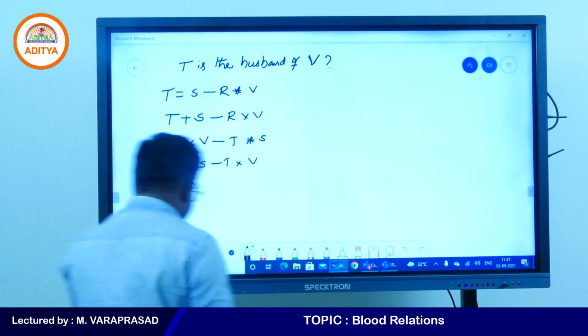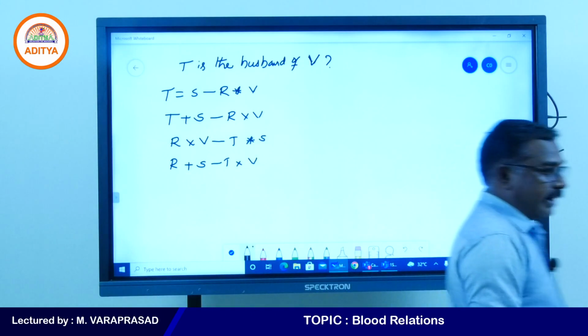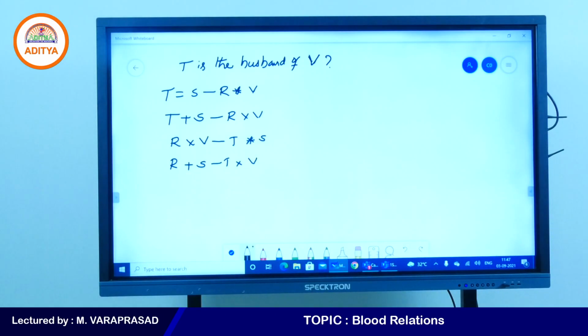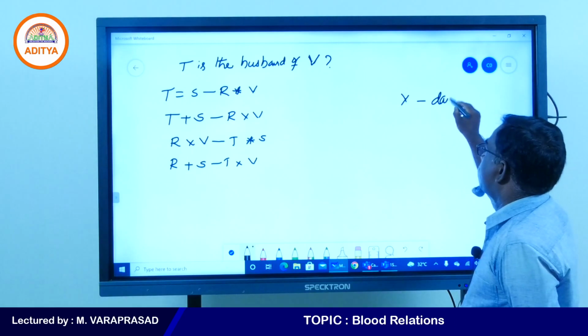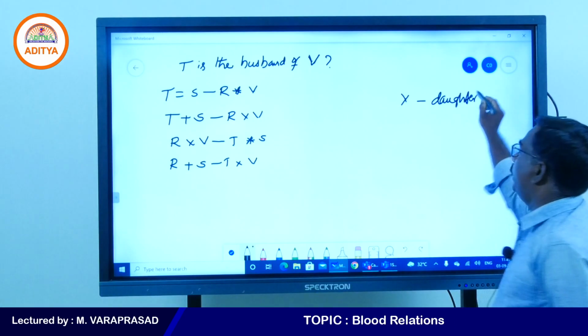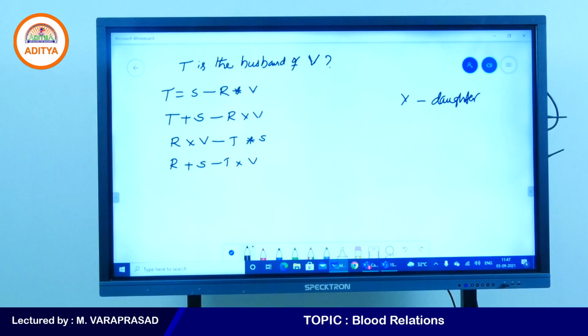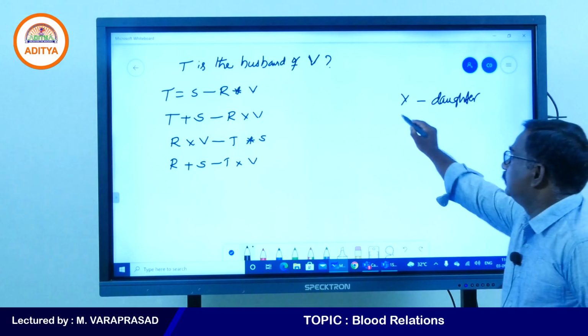Now he is telling that the relations are here. Into means daughter. The second one, star, means son.